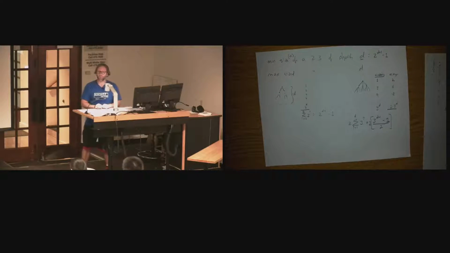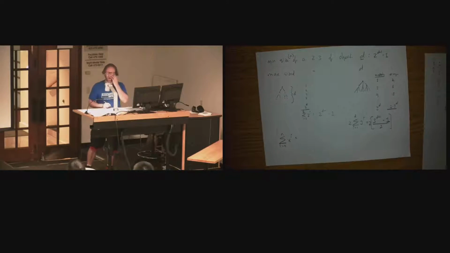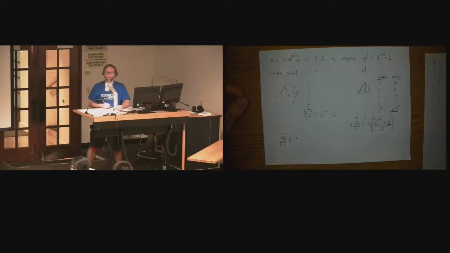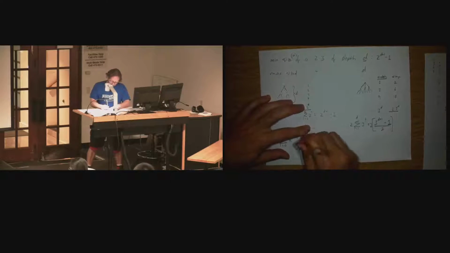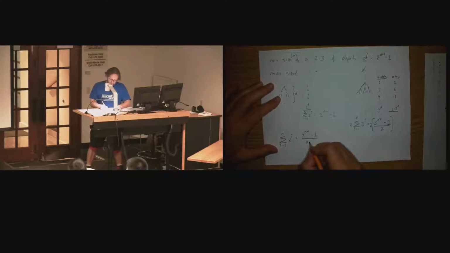All you have to remember is the general form of this. The summation of i running from 0 up to n of x to the i is going to be, now this is what I need help on. What is the general form of this? I think it's going to be x to the n plus 1 minus 1, all over x minus 1?